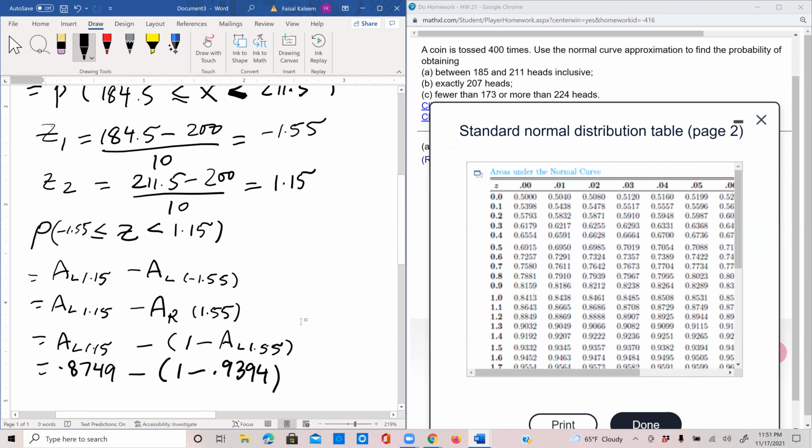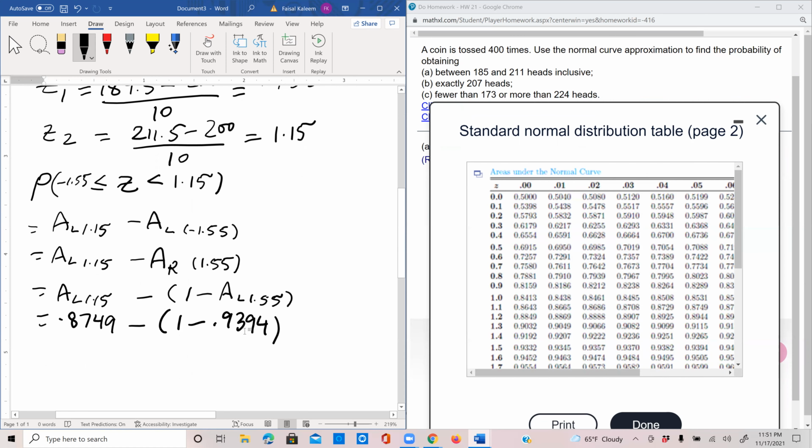So let's see what this is. 1 minus 0.9394 is 0.0606. And when we subtract this from here, that's 0.8143.